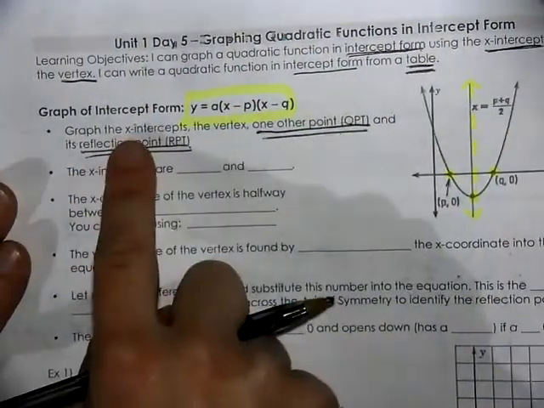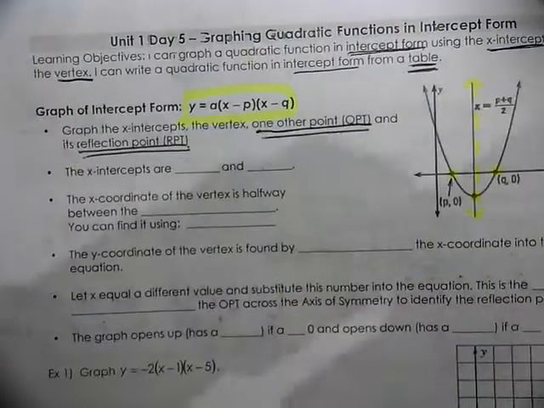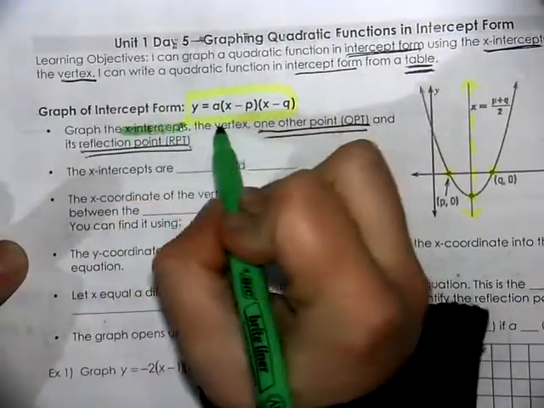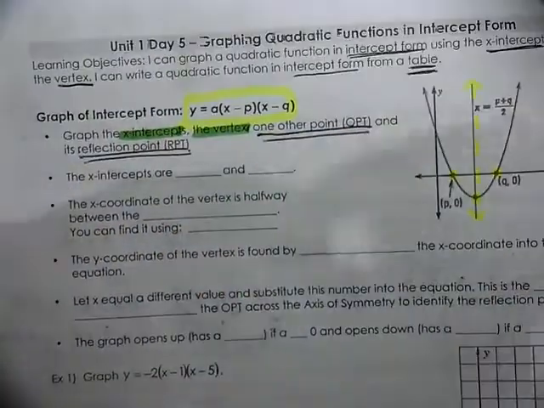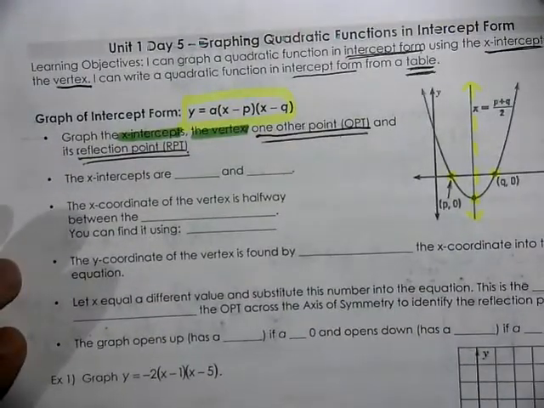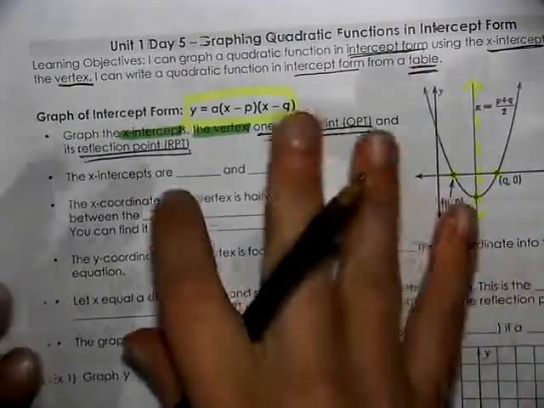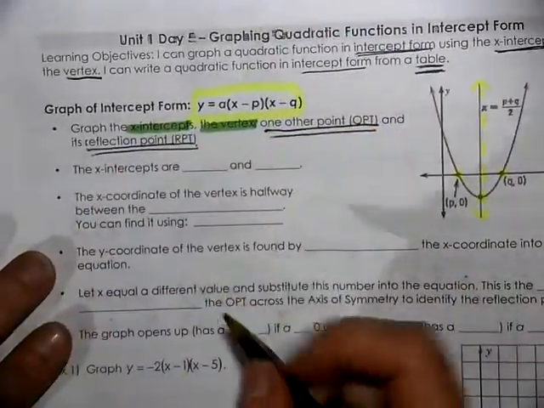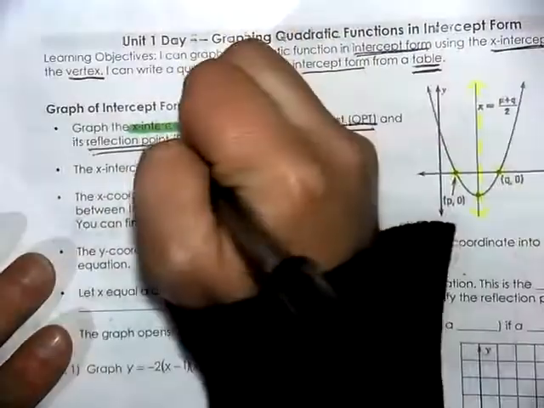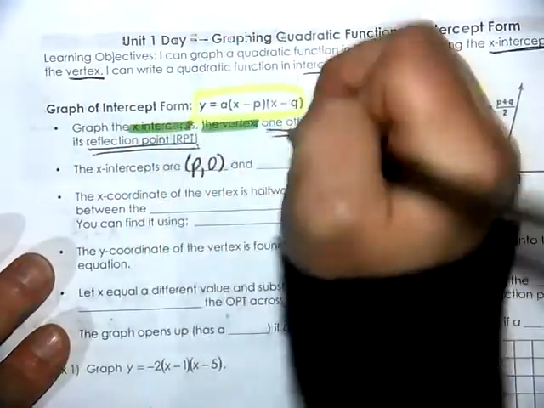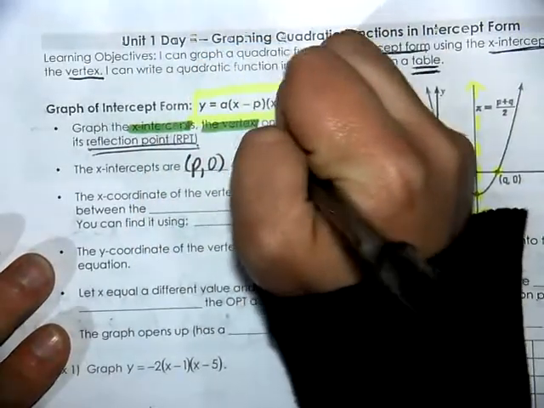Instead, we're just going to focus on graphing the x-intercepts and the vertex. Those are your 3 points that you are going to need. You'll need one other point in the event that there's only one x-intercept. But in general, intercept form has x-intercepts that are located at (p, 0) and (q, 0).